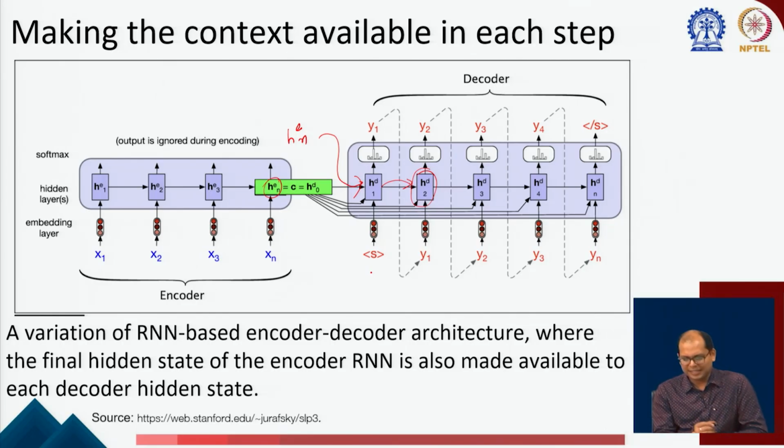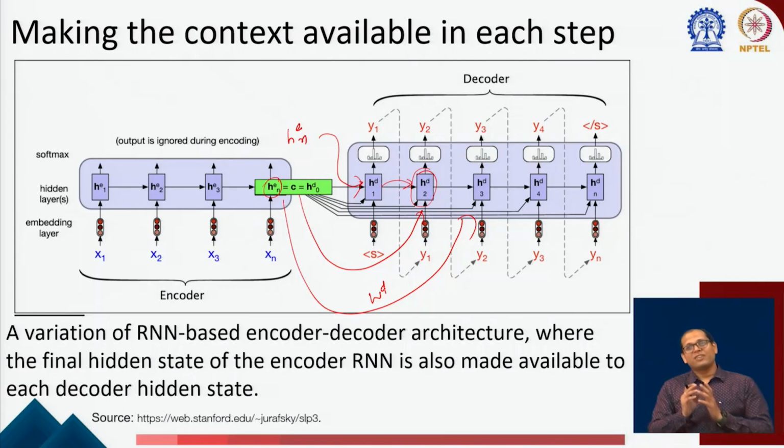So, what you can do differently is feed this last hidden state, the context vector, at each point in the decoder. So, that is another variation in the architecture. Right now, this context is only going to the first hidden state of the decoder, but we can have another matrix by which we pass it to all the hidden states of the decoder.